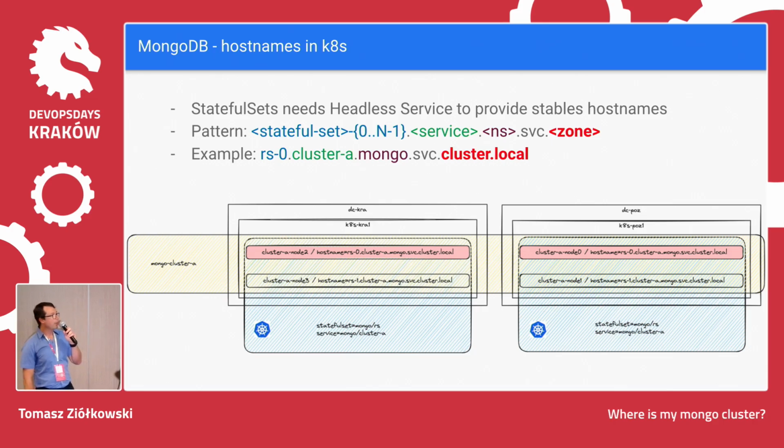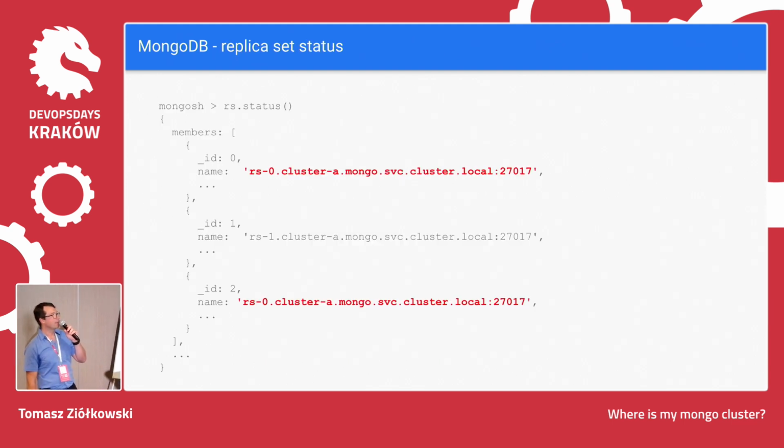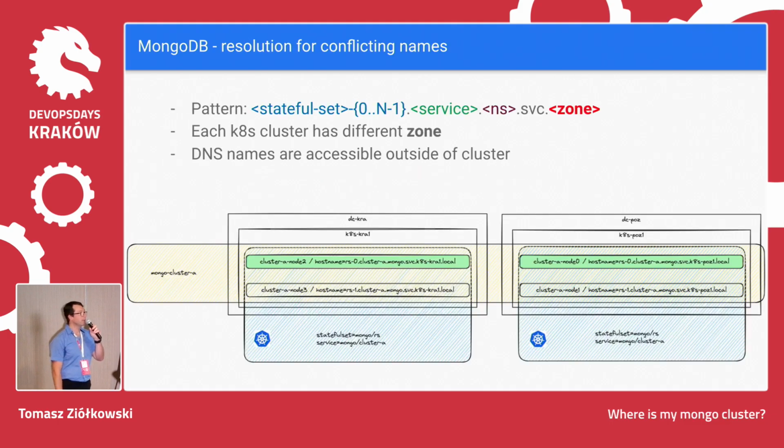So, having four host names, where two of them are not unique, it's not feasible to build a cluster. So, how do we tackle that? We just change the zone for each cluster, and thanks to that, we are able to have unique host names, even if we use the same stateful set name and the same service name.